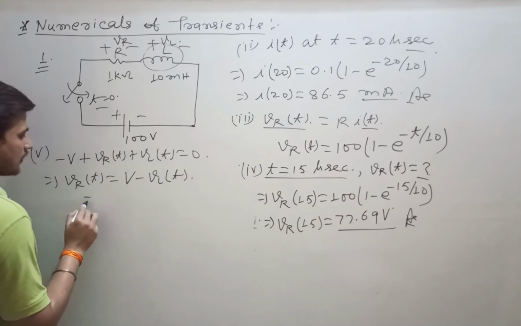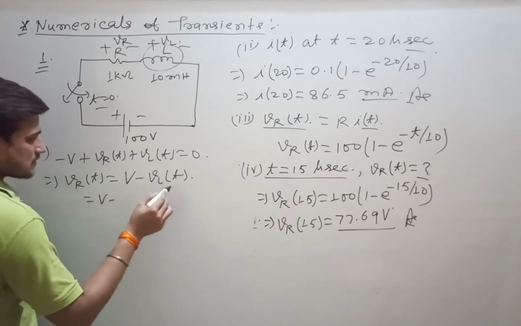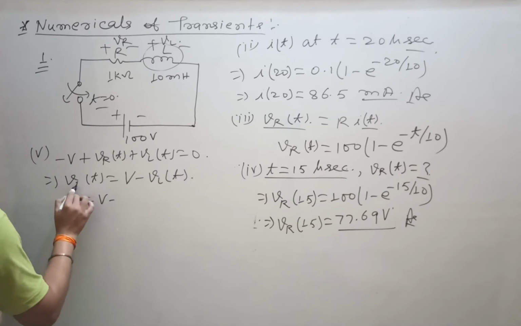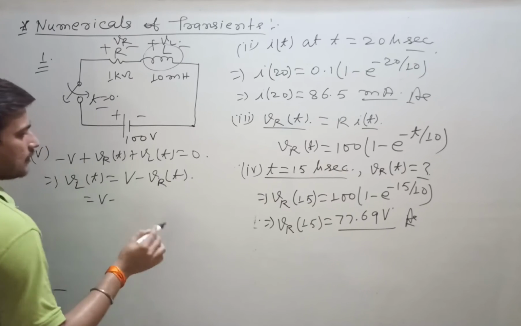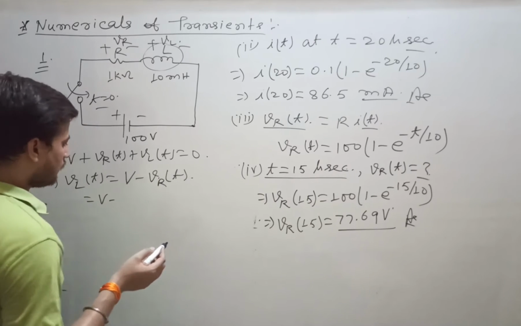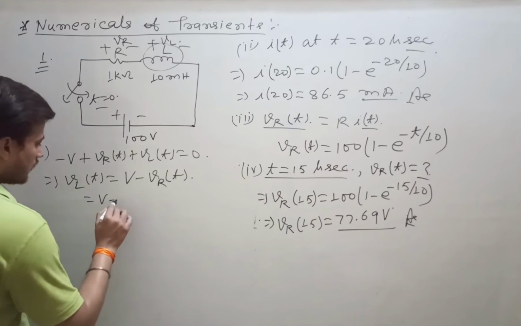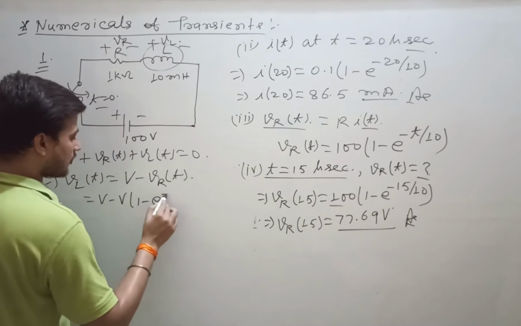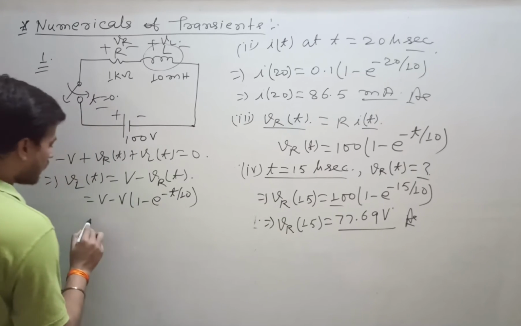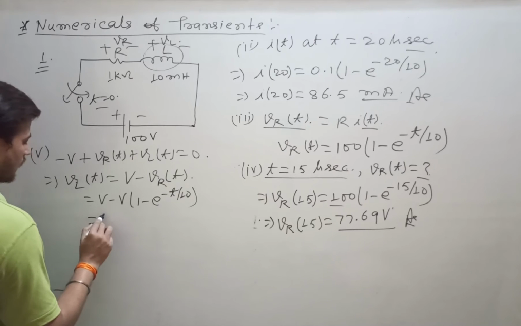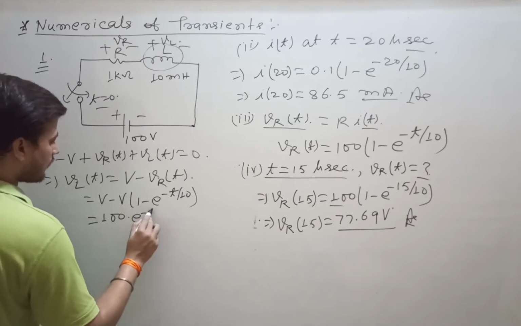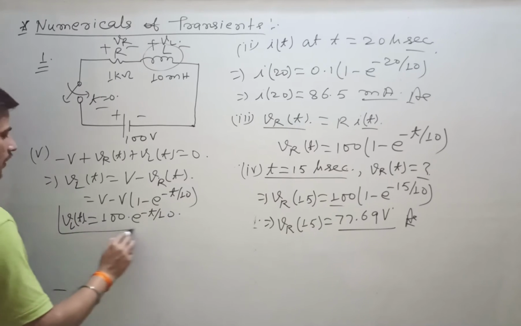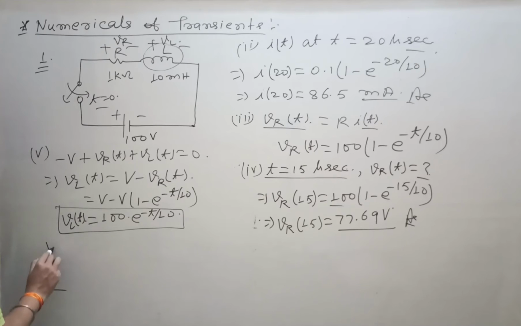So from here VLT will be V minus VRT, and for VRT the expression is 100, that means V into 1 minus e to the power minus t by 10. So from here you will get 100 into e to the power minus t by 10. So this is the expression for VLT, 100 into e to the power minus t by 10.